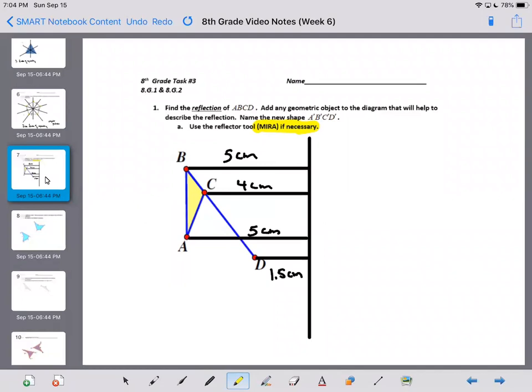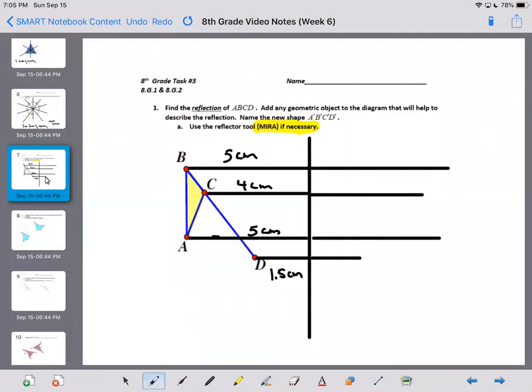So if that was 1.5 centimeters, you're just thinking, well, that's also 1.5 centimeters. And we'll say that's 5 centimeters and that's 4 centimeters, and this would be back to 5 centimeters. So what you would do is just plot your points.